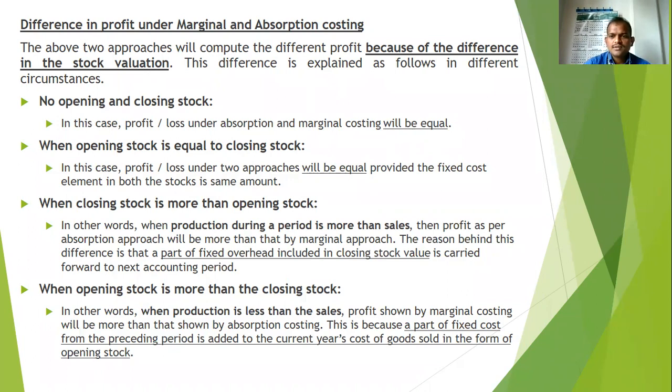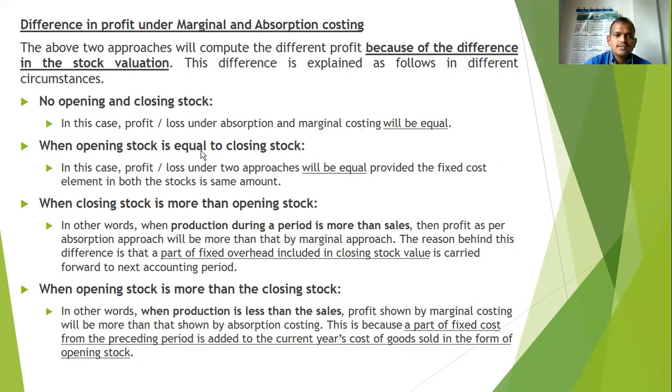Actually, inventories are valued at variable cost in marginal costing, but in absorption costing they'll consider variable and fixed cost while valuing the inventories. So if there is no such stock at all, both are equal.